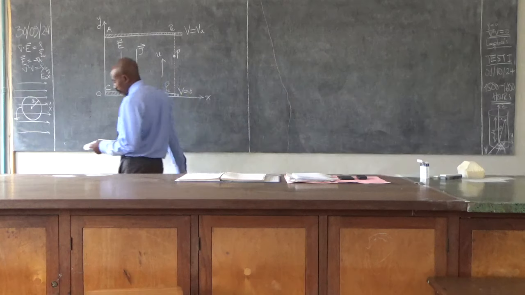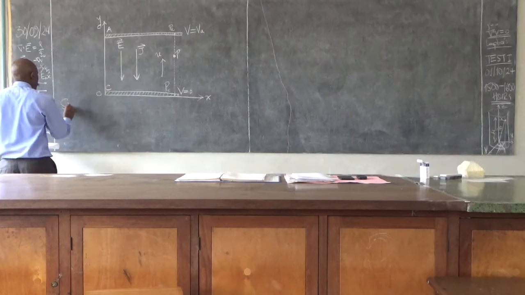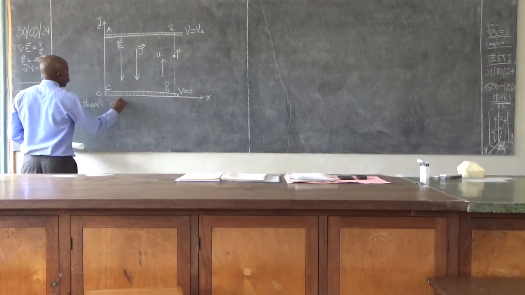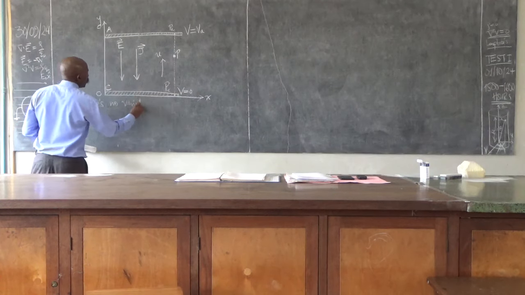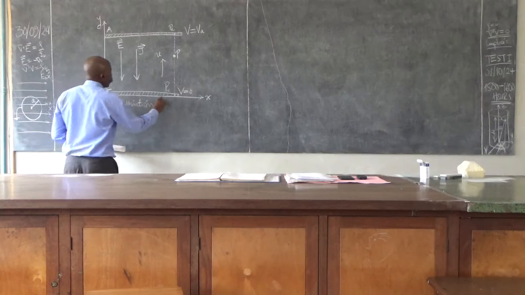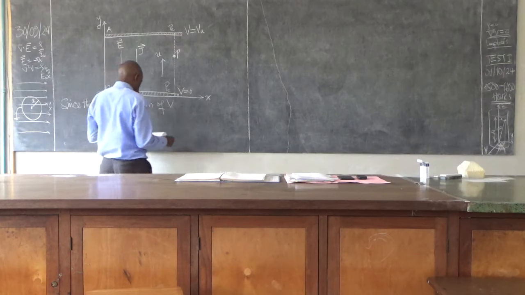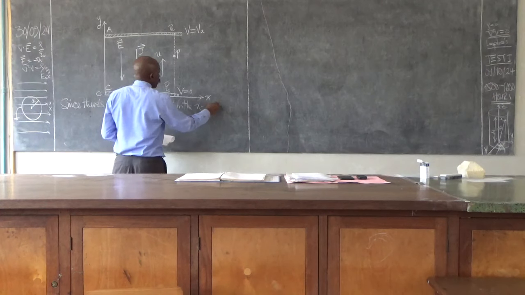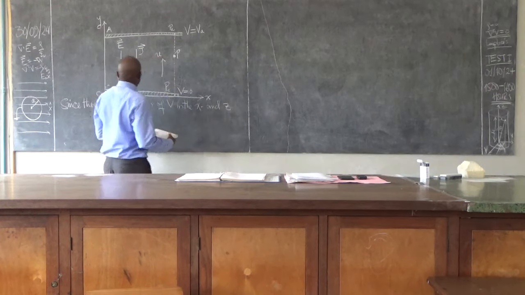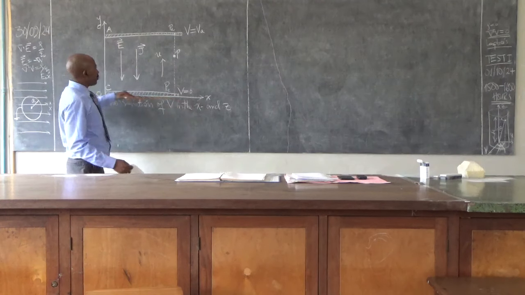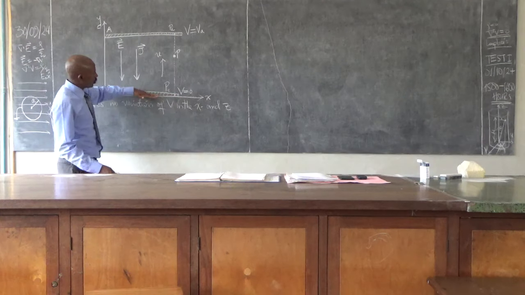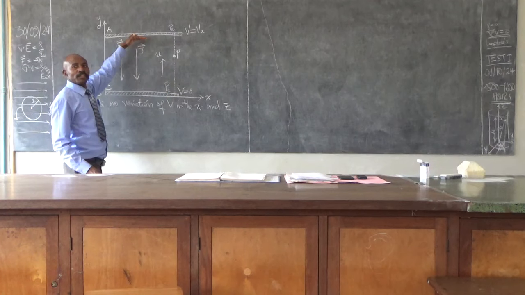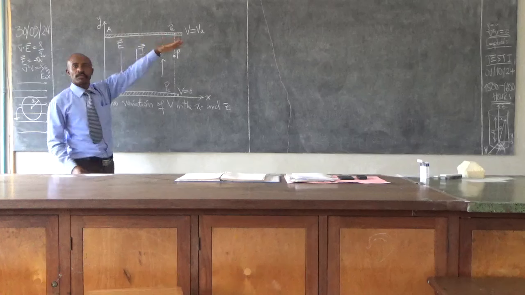Since there is no variation of V, since there is no changing of potential in the X and Z, this is the X. We are not having potential changing. This plate will be having the same potential, 0. This plate will be having the potential V_A.